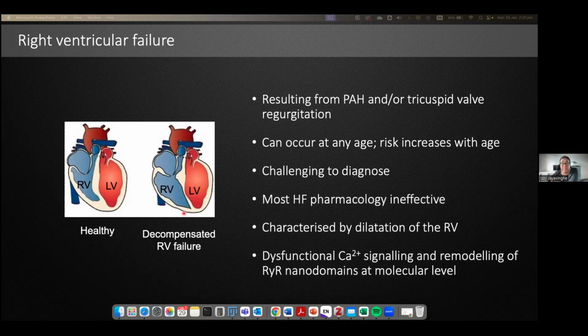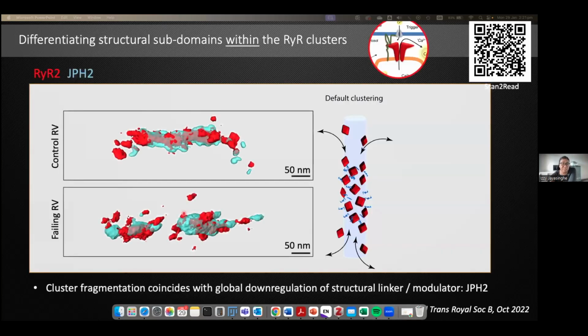And we could simulate this disease in rats with an injection, and they go into right ventricular failure about 3 weeks after an injection. And one of the hallmarks is this dysfunctional calcium signaling, and we wanted to look at what happens to these ryanodine receptors and the domains that wrap around those transverse tubules, membrane tubules.